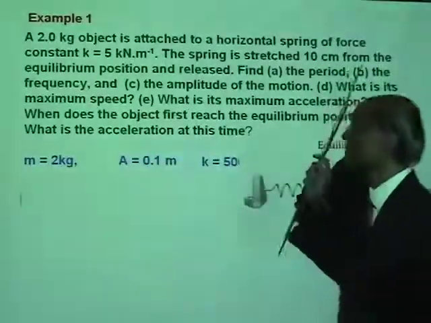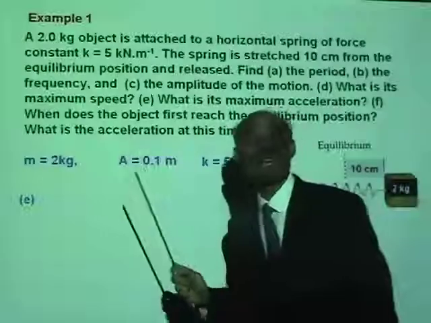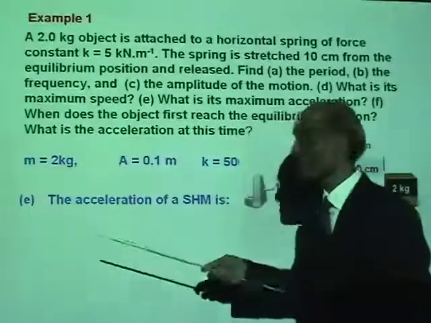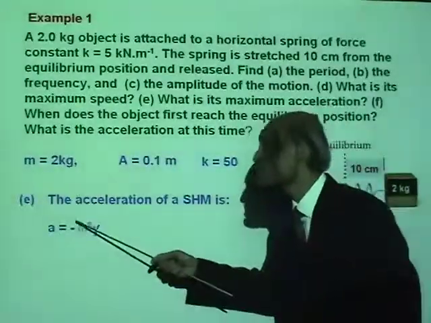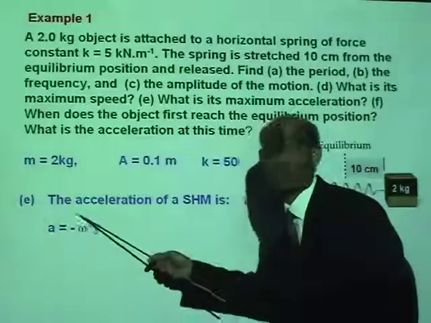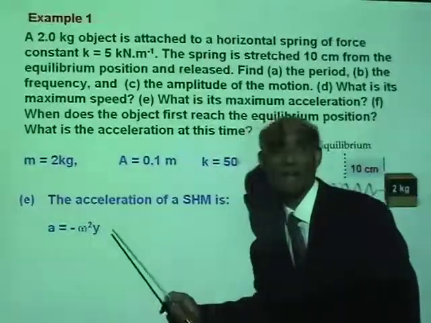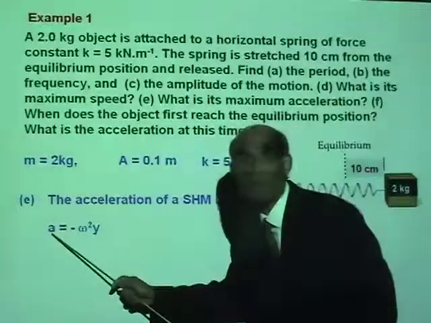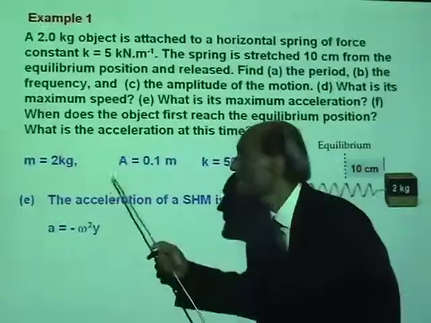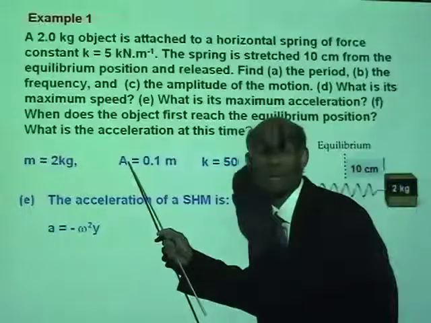What is the maximum acceleration? What is the equation for maximum acceleration? Acceleration is negative omega squared y. And this becomes maximum when y equal to A. Is that right?